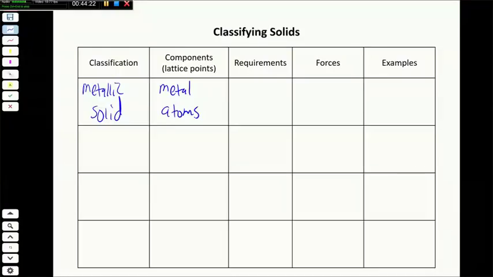We talked about some of the common ones, those three cubic structures as well as the hexagonal. And those lattice points, those positions that repeat in those unit cells throughout the crystal, would all be just individual metal atoms in that case. Now the requirement is, how do we identify what kind of substance is a metallic solid? It's just anything that has only metal atoms in it.